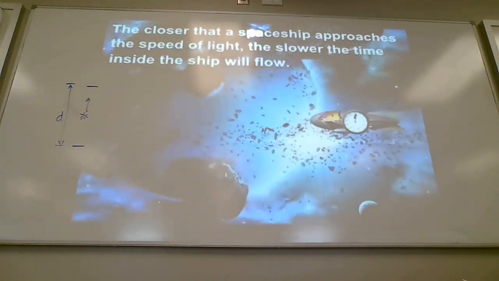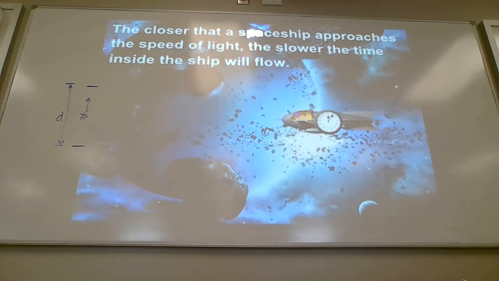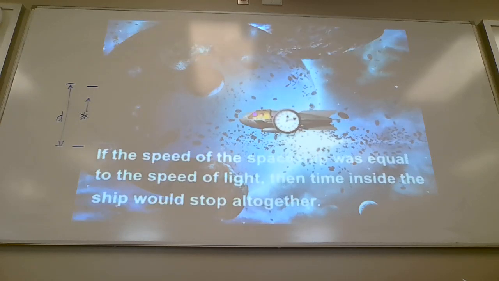The closer that a spaceship approaches the speed of light, the slower the time inside the ship will flow. If the speed of the spaceship was equal to the speed of light, then time inside the ship would stop altogether.